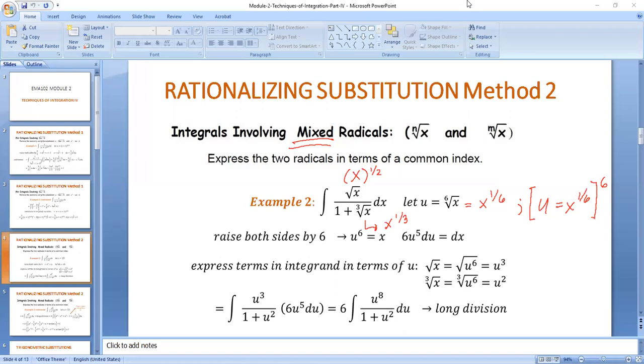You have now u raised to 6 equal to x. After you have done this, if this is the usual case, assign a variable for your original radical expression, raise the expression to an exponent equivalent to the reciprocal of the exponent over your original variable. Next is differentiate.